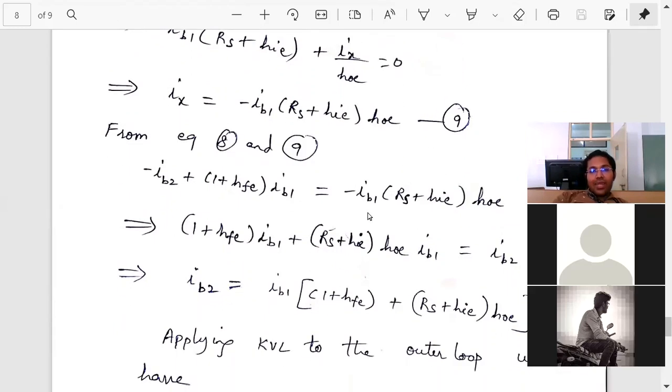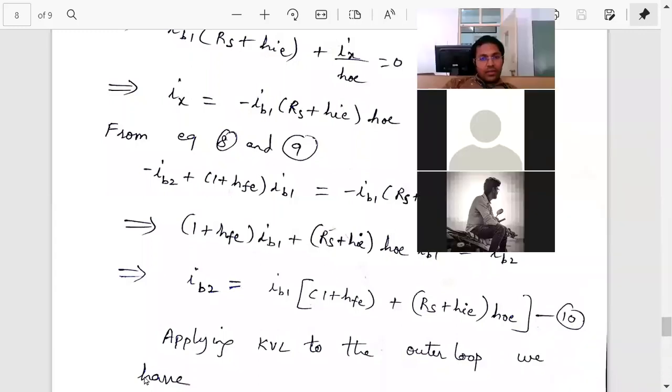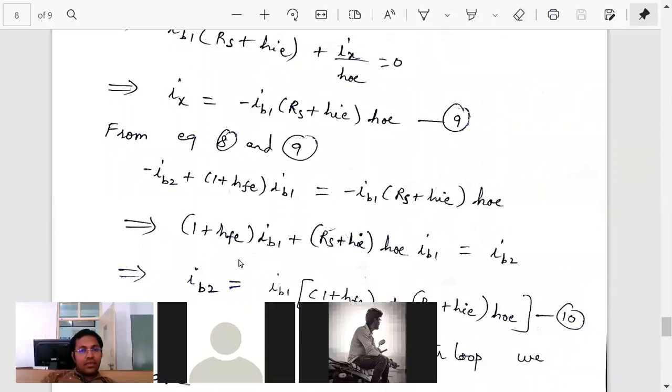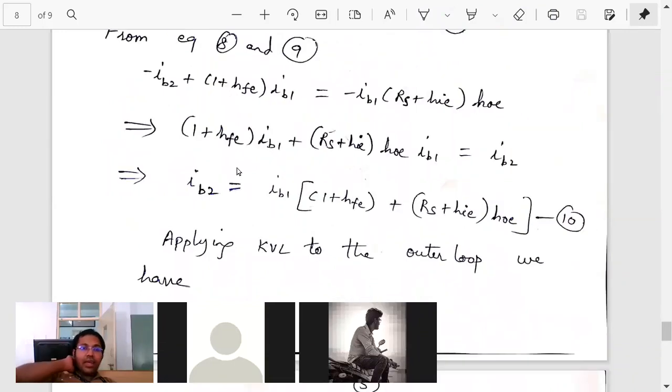Okay, so next we are bringing this to LHS. This term as it is, this minus bringing to LHS is becoming plus. Minus IB2 if I send to the other side, it becomes plus IB2. Next, I can take IB1 common here.